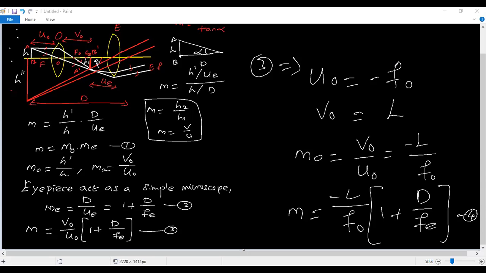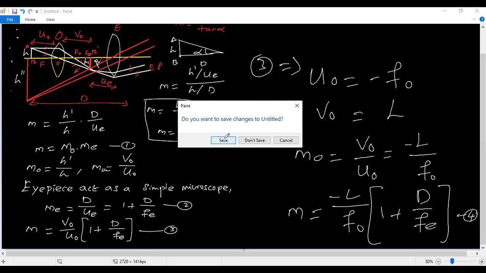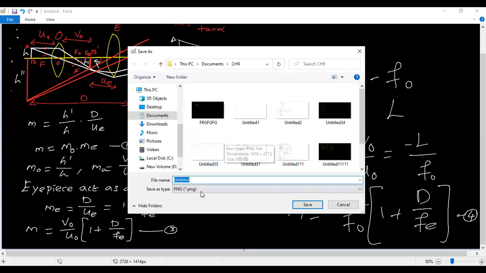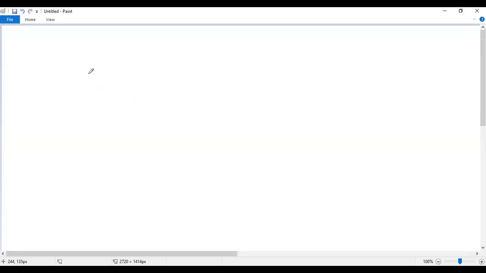L means the length of the microscope tube, otherwise tube length, the distance between the two lenses, that is L.